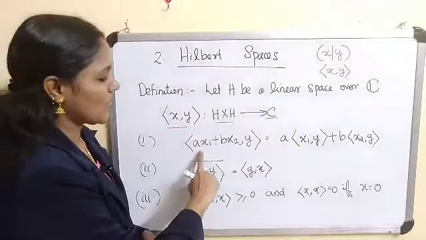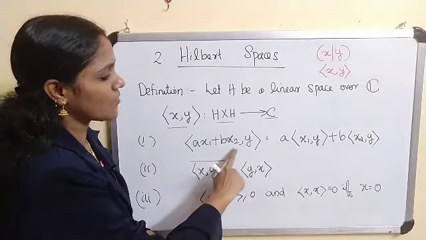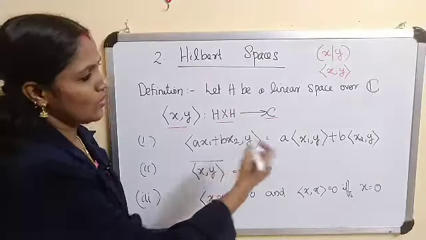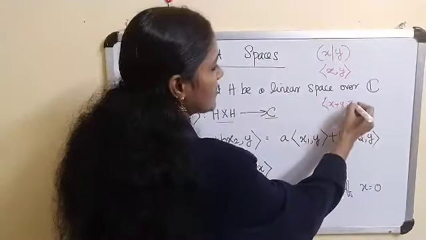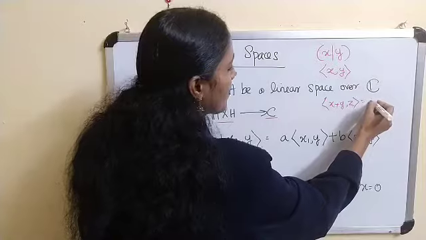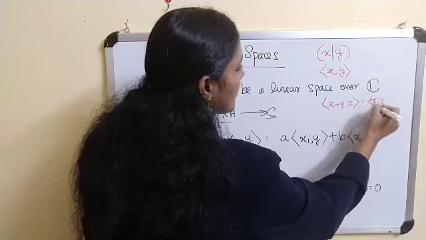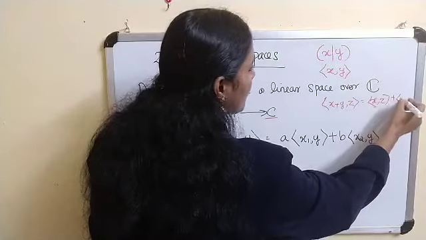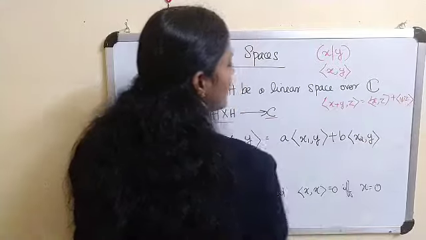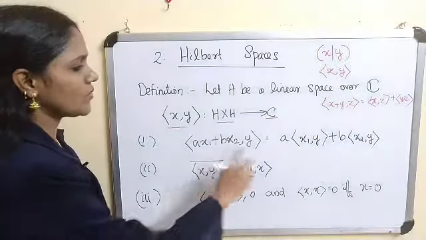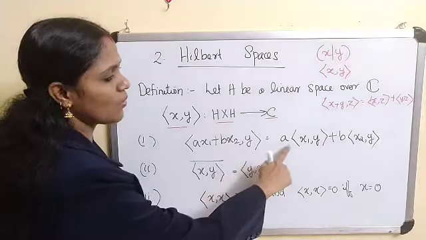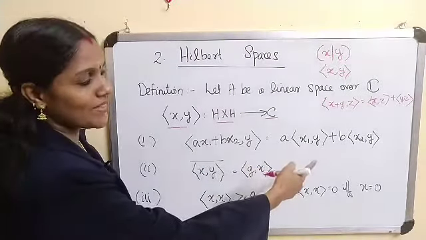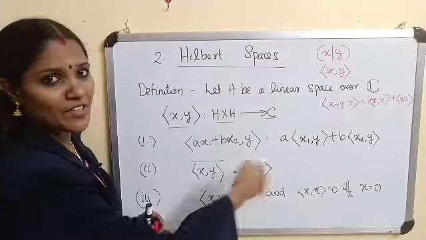First one: (x plus y, z) is equal to (x, z) plus (y, z). So (a x1 plus b x2, y) is equal to a (x1, y) plus b (x2, y). This is the linearity property.